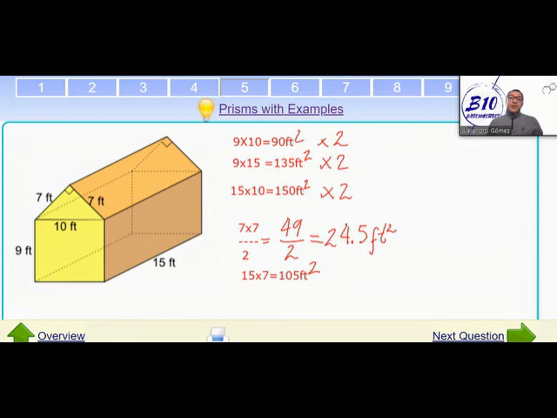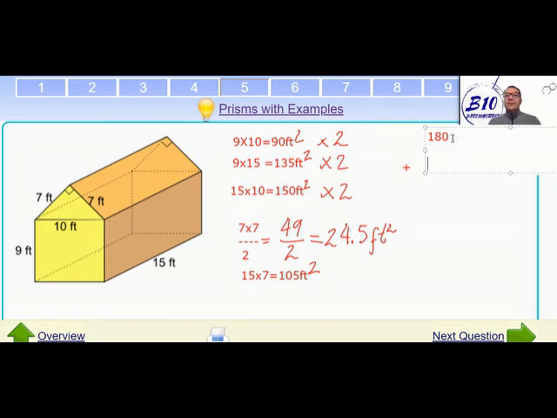Now we just do the numbers and add them up. So let's do it. Now 90 times 2 is 180. We are going to organize it here very well. So we say 180. And all this is going to be an addition. So it says 180 plus what? 180 plus 135 times 2.